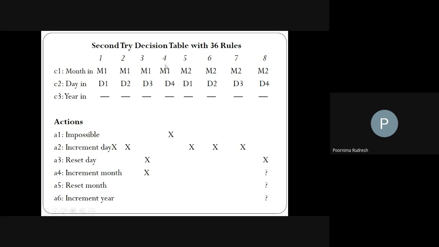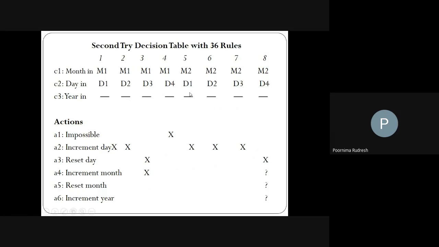And next one is M1 and D4. As I said, for the months which consist of 30 days, if we set the day value as 31, it is the impossible case. Next we'll move on to the second case, M2, where M2 is the month which consists of 31 days, and D1 is equal to 28.